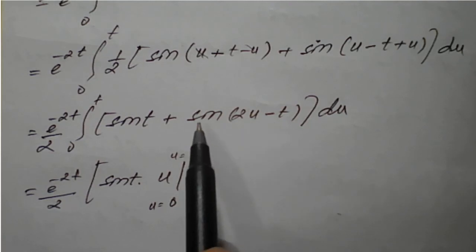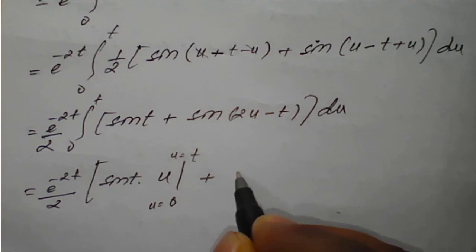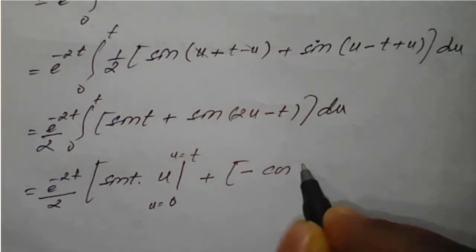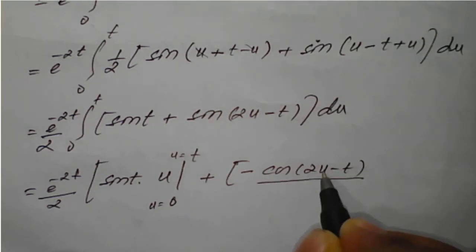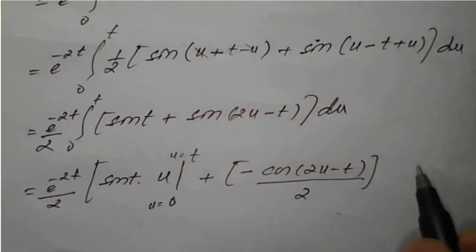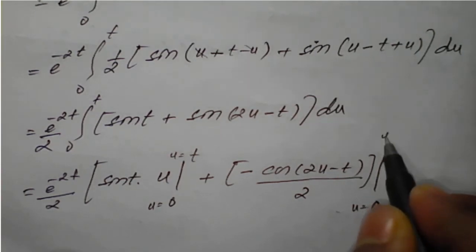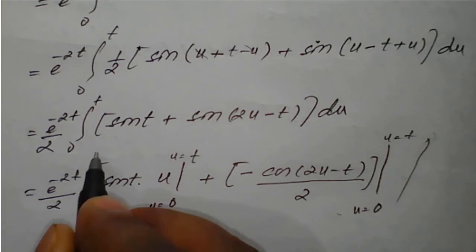Therefore integration of sine of 2u minus t is minus cos of 2u minus t divided by the differentiation of 2u minus t with respect to u, which is 2. This is also with limit u from 0 to t.